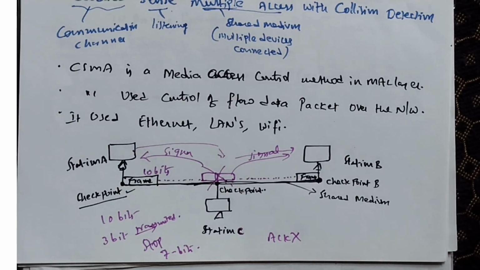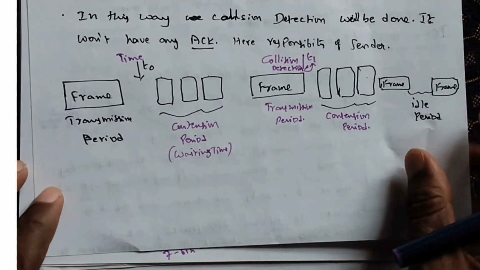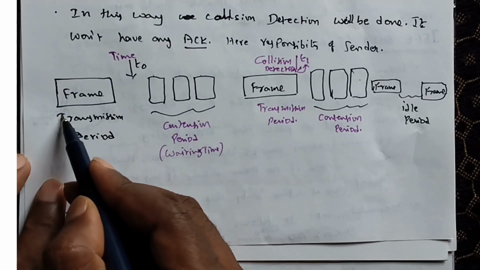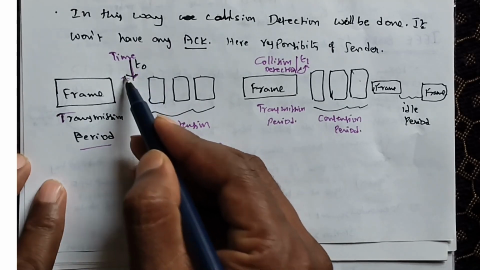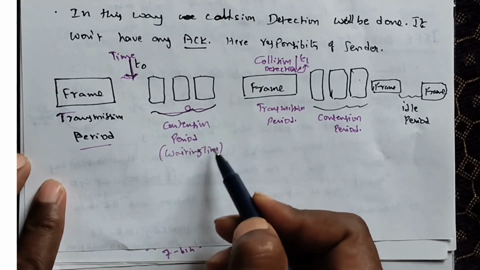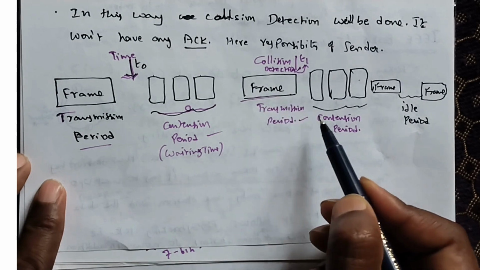Actually, CSMA will be like this. The frame will be in transmission mode, and after some time it has to wait. The contention time is nothing but the waiting period, and again the frame has to be transmitted.